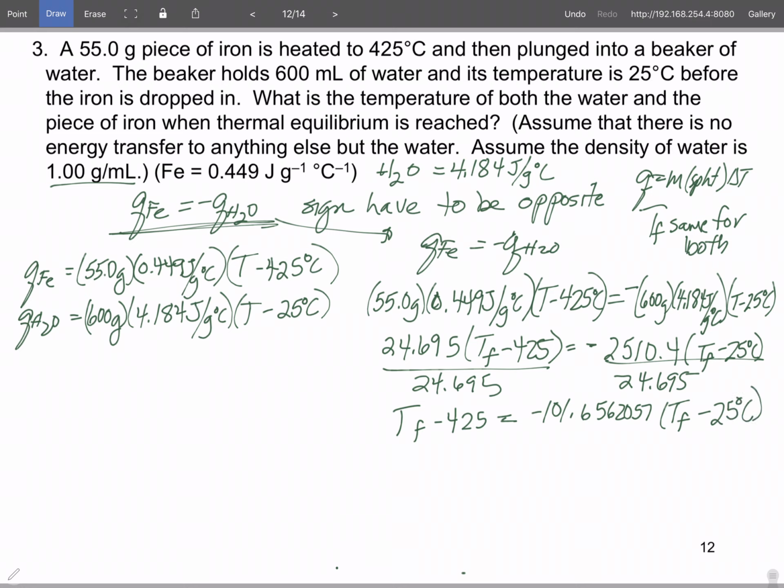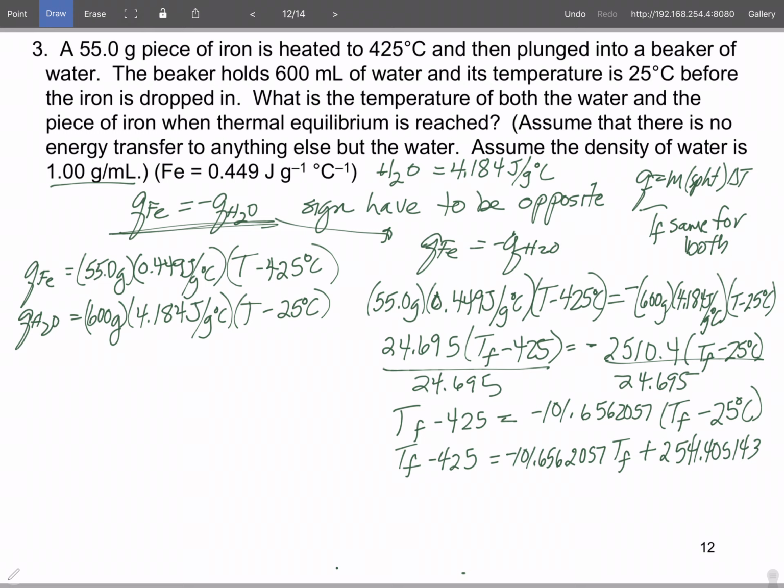Now you're going to distribute, so T final minus 425 is going to be equal to negative 101.6562057 T final plus 2541.405143. Wait, how do I get the plus? Because a negative times a negative is a positive, because what you're doing is multiplying.